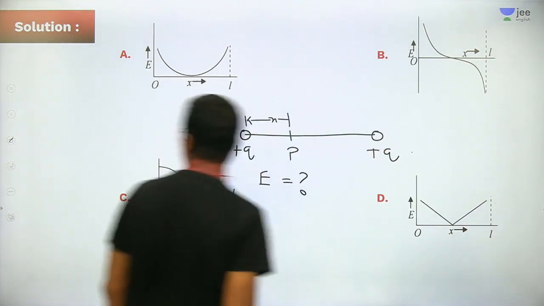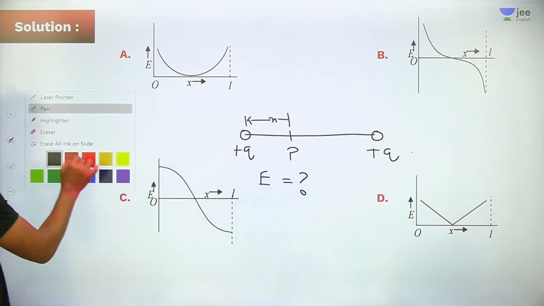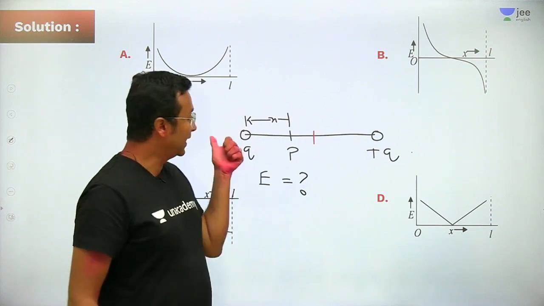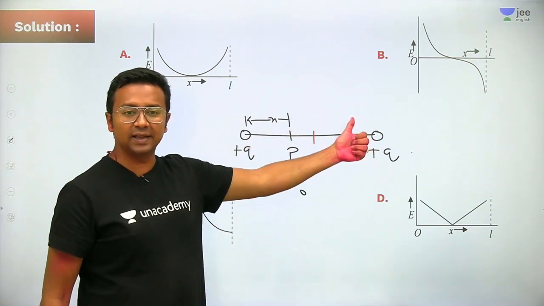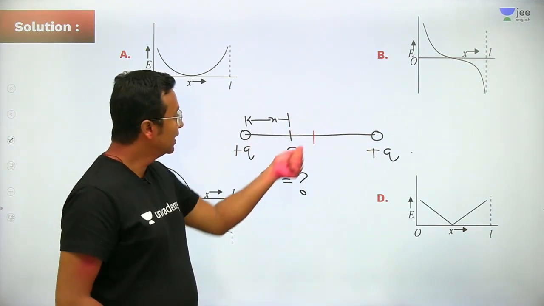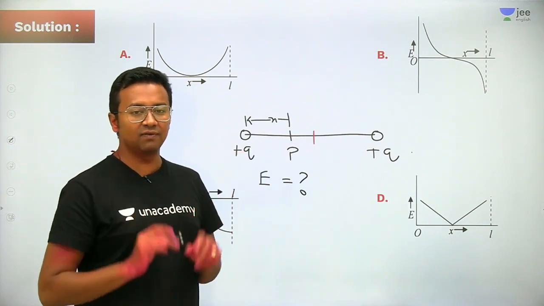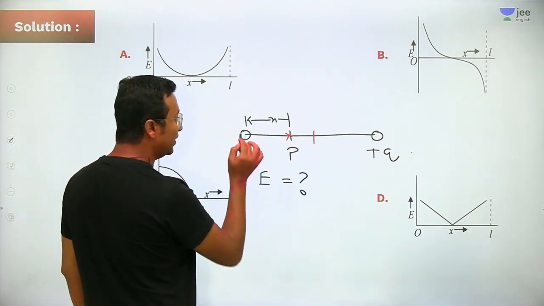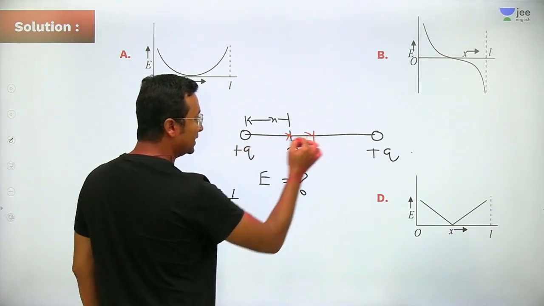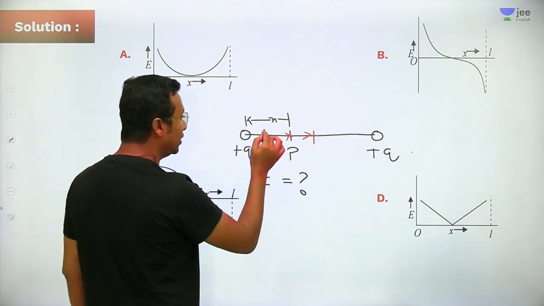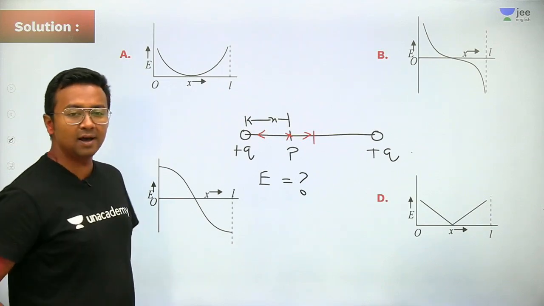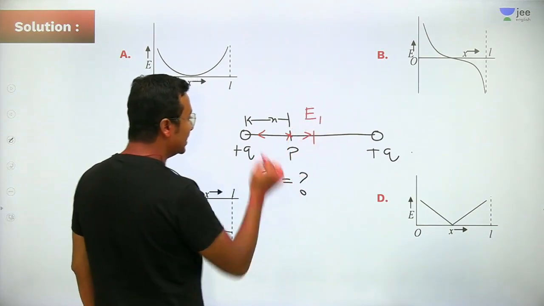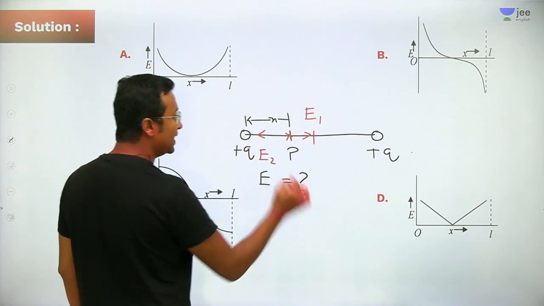Let me say this is the center of the line joining the two charges. The electric field due to this charge will be in this direction, and due to the other charge in the opposite direction. This electric field I'll call E1, and this one E2.